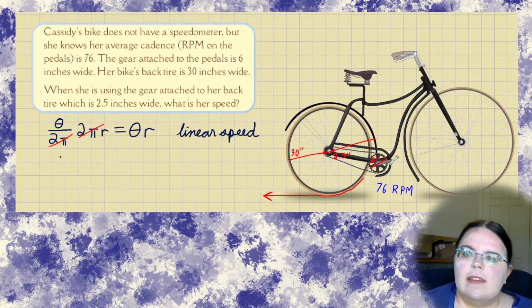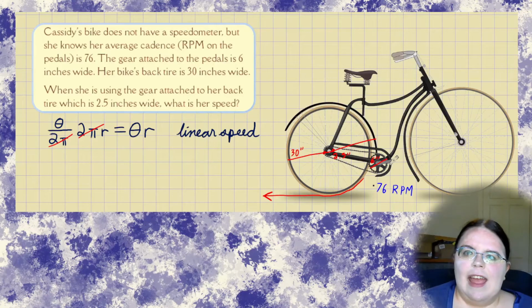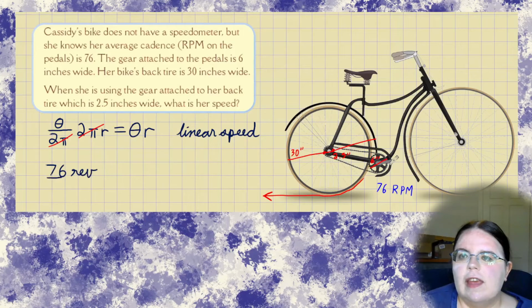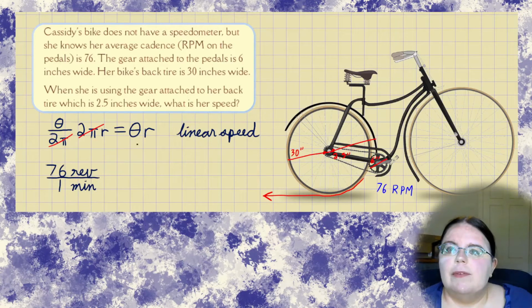Okay, sounds easy, but we need to know 76 revolutions per minute as an angle. Well, here's what I know currently, that there are 76 revolutions in 1 minute. I'm keeping my units with me really carefully because I suspect I'm going to need to do some unit conversions later to get this into units that are convenient to wrap my mind around.